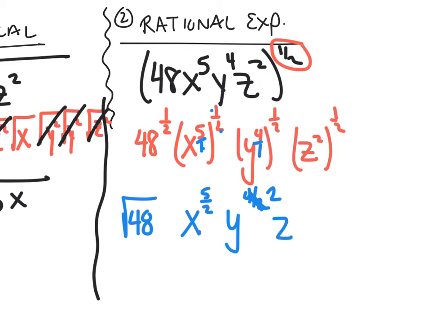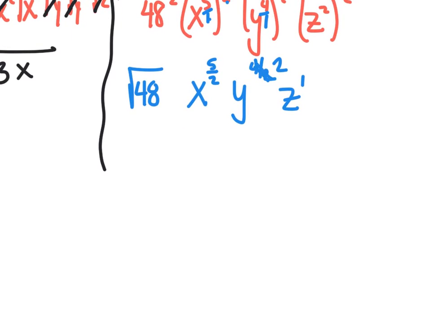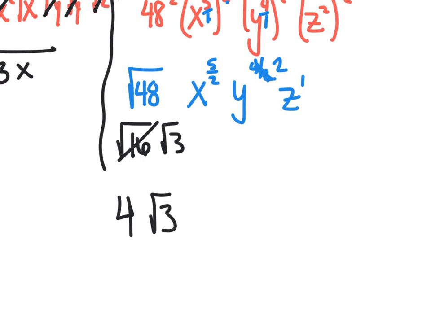And then z, 2 times 1/2 is 1. Okay, so again, we're going to keep breaking it down. 48, just like we did before, is 16 and 3. That becomes a 4 and a radical 3. Notice these don't have radicals anymore, the y squared and the z, so I'm just going to leave this as y squared and z to the 1st.